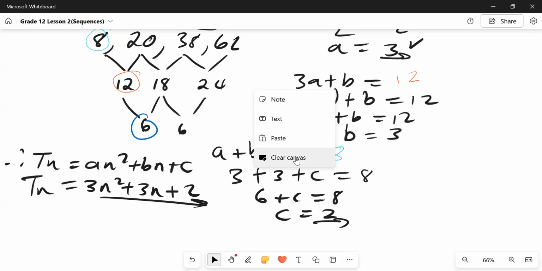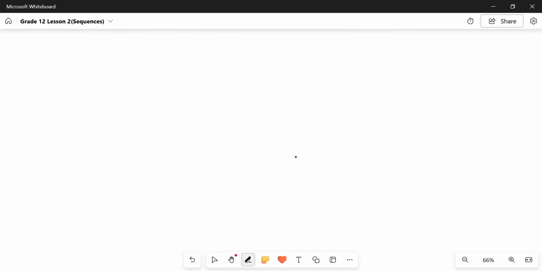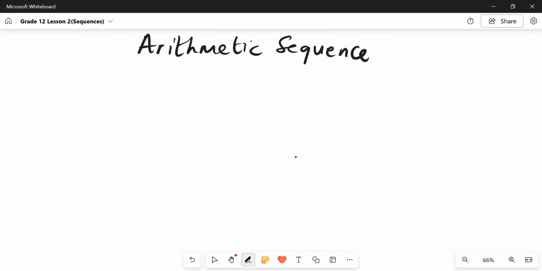So I want us to quickly move to grade 12, arithmetic sequence. For an arithmetic sequence, the first thing you have to know is that it has a common difference, unlike a geometric sequence, right?